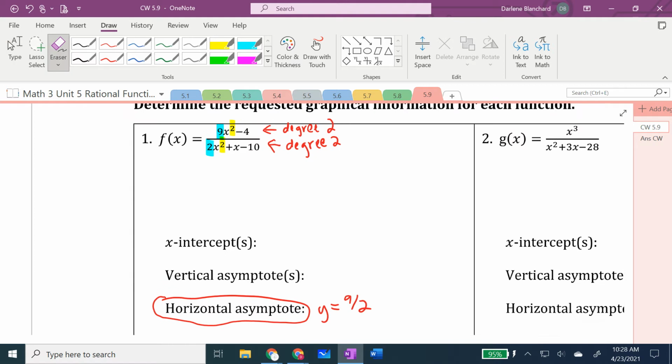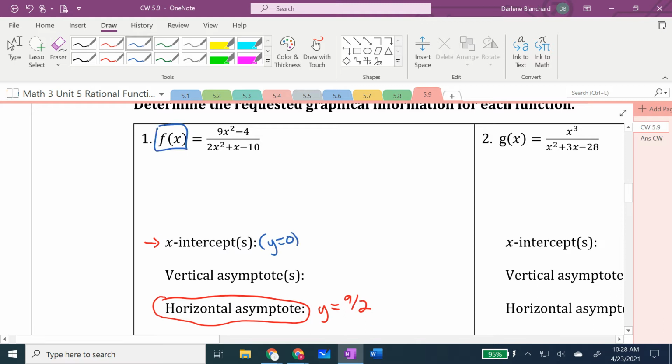And so horizontal asymptote is the thing that's new. The rest of the questions here are things that we've been doing. Your x-intercepts are when the y is equal to 0, and f of x is the y. A fraction will only equal 0 when its numerator is equal to 0.